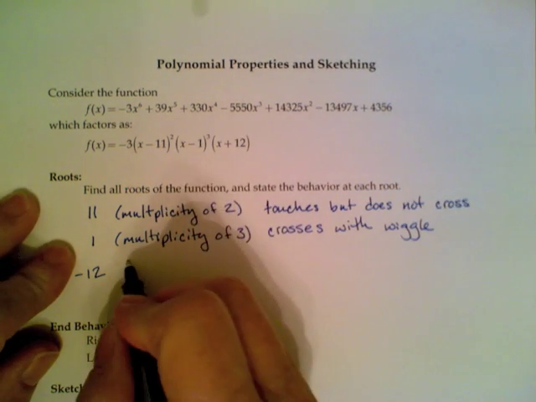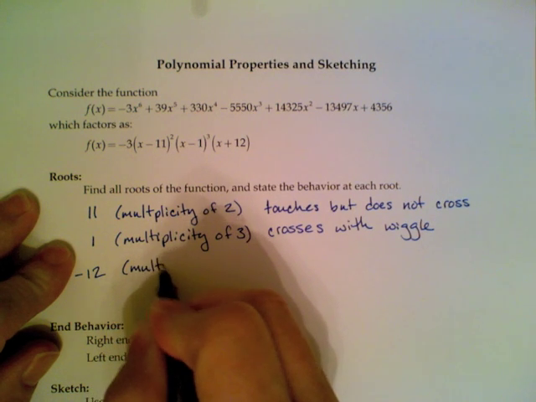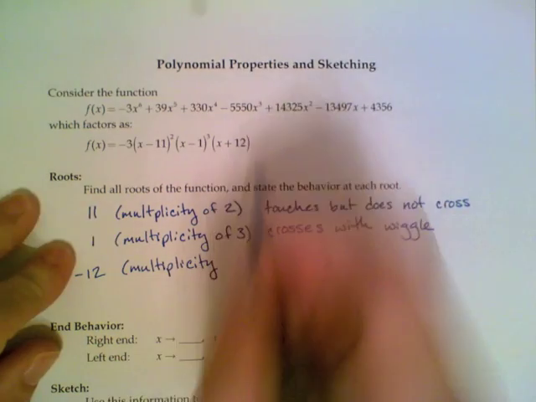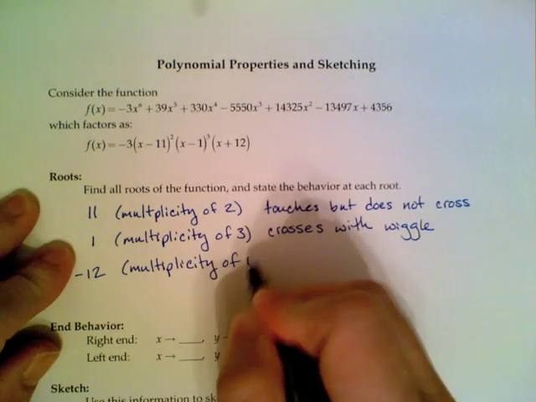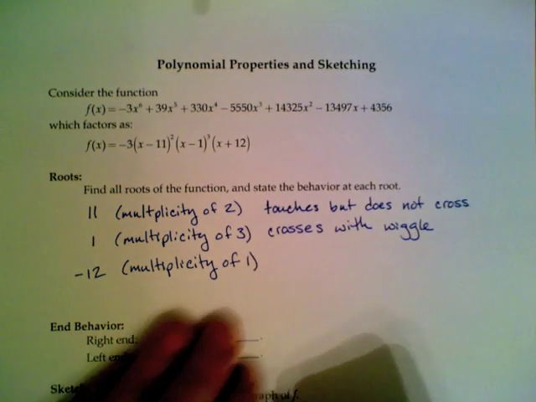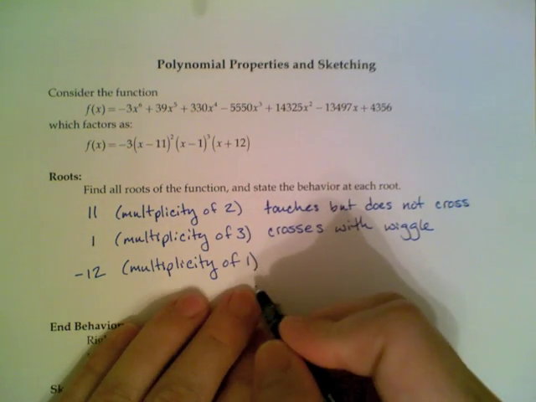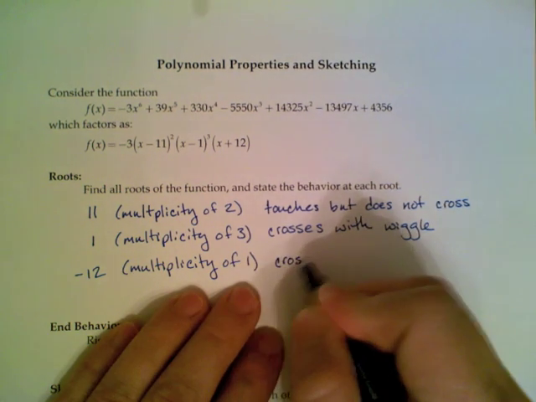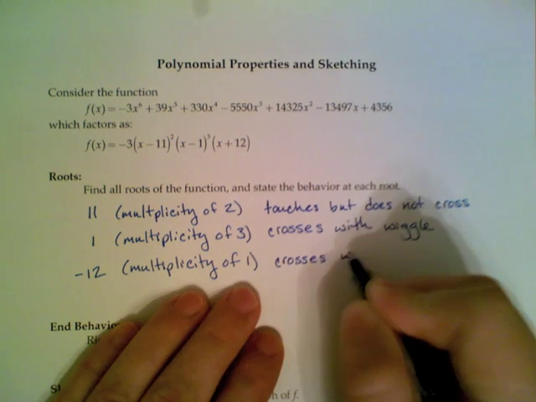That has a multiplicity of 1. Remember, if nothing is written explicitly as an exponent, you can treat that as a 1. So it has a multiplicity of 1, which means it crosses with no wiggle.